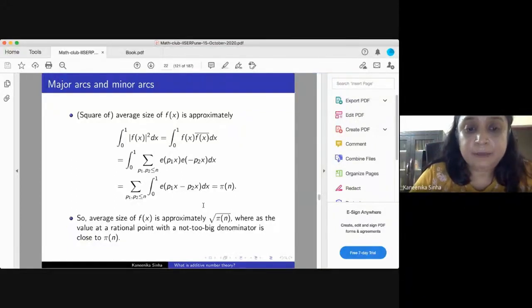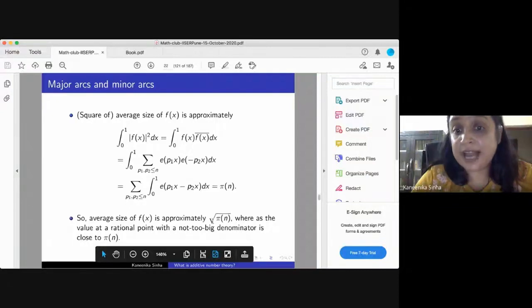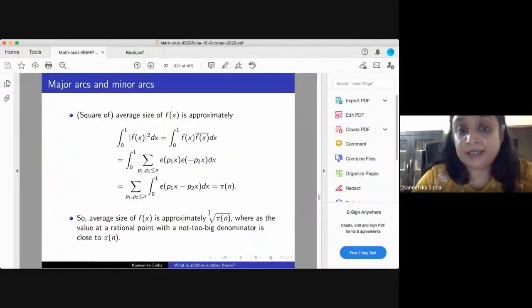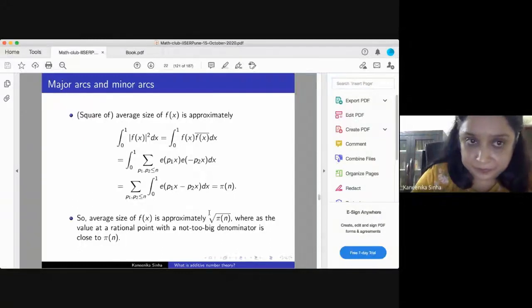Well, if your rational point a by q has a denominator which is not too big, then its value is pi of n, which is almost the square of the average size. This is how we know that the rational points with bounded denominators are very highly performing values.